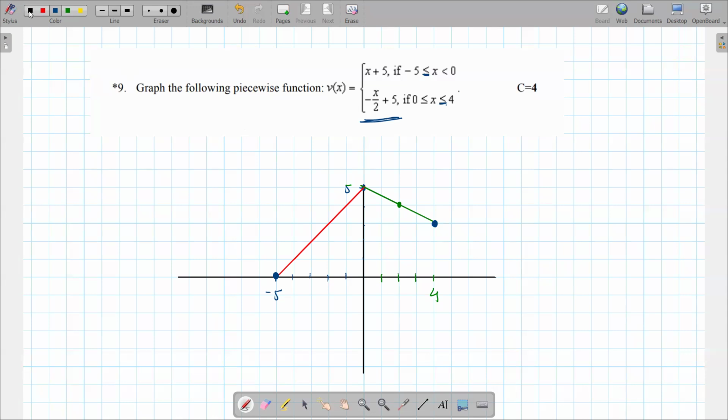Continuous means there's no holes, there's no breaks, there's no jumps, there's no asymptotes. Only those things make a function discontinuous. This function, we start here, you can just write this all the way to the end. This function is continuous on its domain.